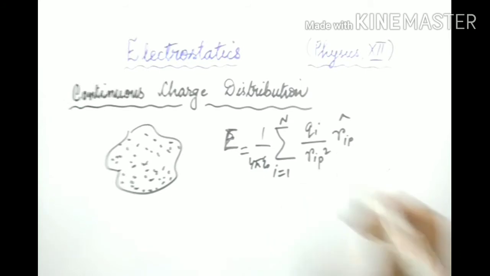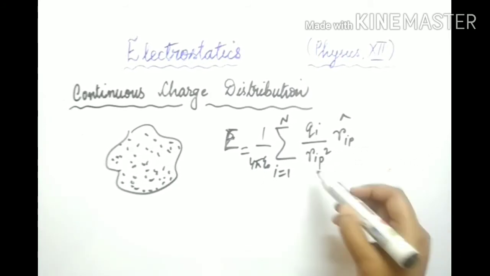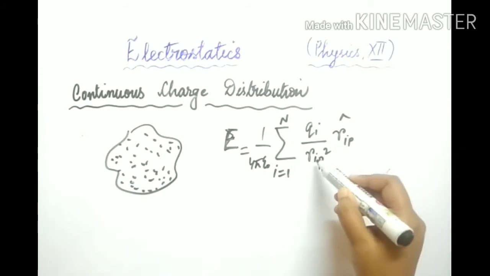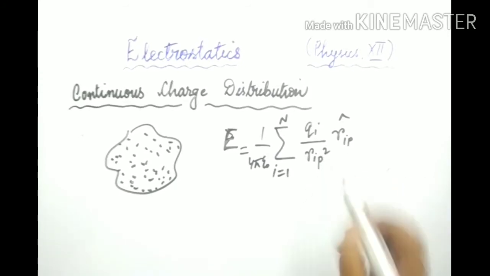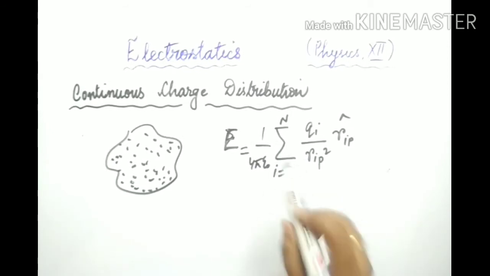This unit vector points in the direction of the electric field, and R_iP is the distance of each charge from the test charge. So this is using the principle of superposition.